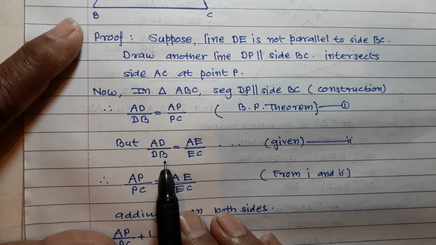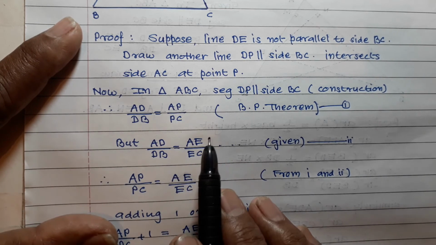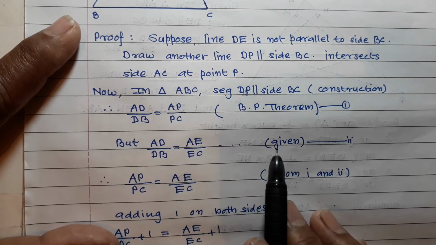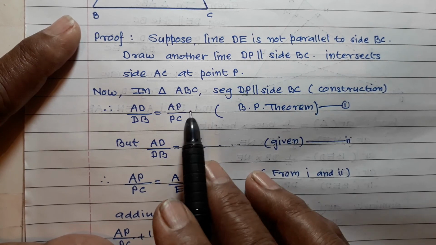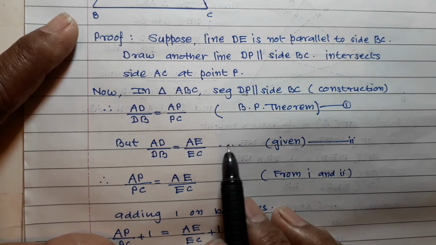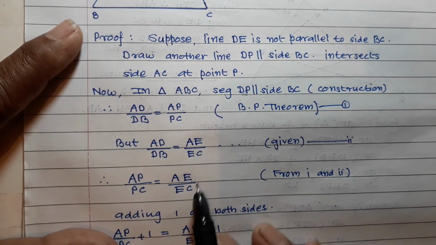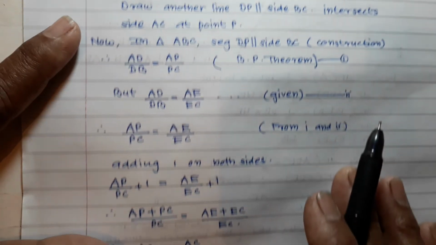But AD upon DB is equal to AE upon EC, given, and therefore AP upon PC is equal to AE upon EC. Okay.